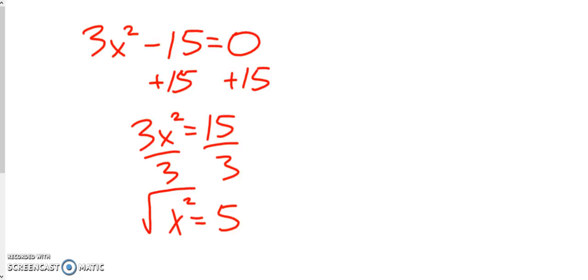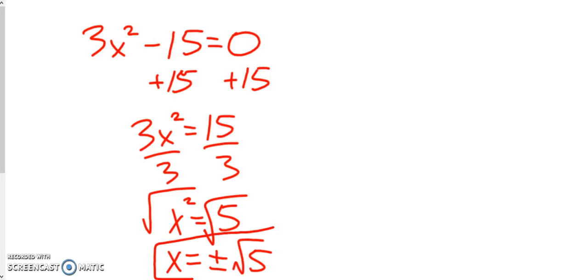And then, as the name suggests, I take the square root of both sides, and I get x equals plus or minus the square root of 5. And that's a perfectly good answer because 5 is not a perfect square, so that doesn't simplify at all.